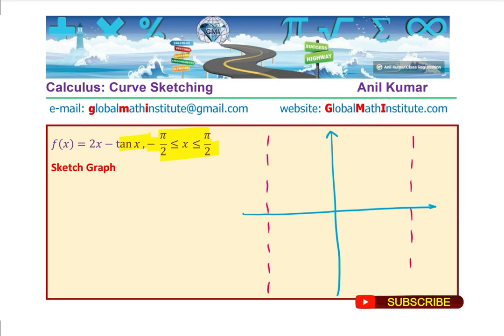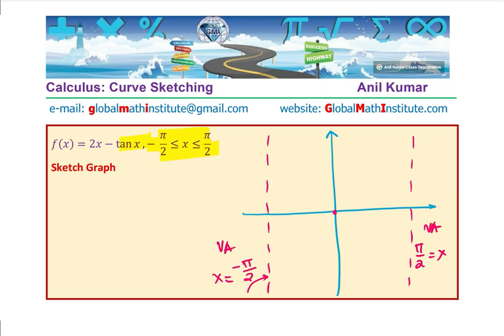Whether you add or subtract anything, it is going to remain the same, infinitely large. So these are the vertical asymptotes. We have a 0 at 0, so when you plug in 0, f of 0 is 0.